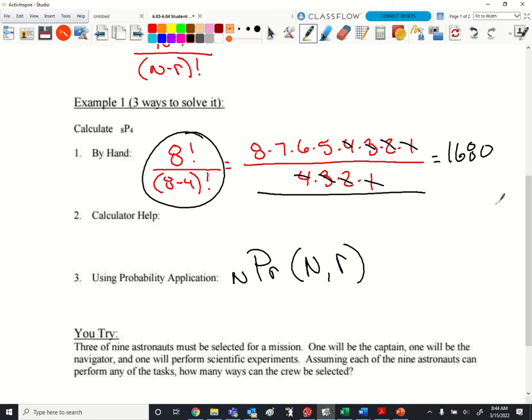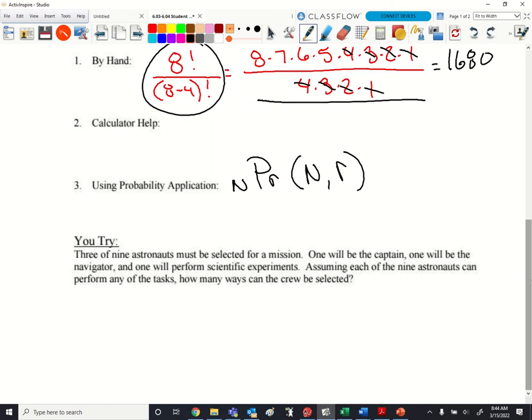All right. So now here is a you try. It says 3 of 9 astronauts must be selected for a mission. 1 will be captain, 1 will be navigator, and 1 will perform science experiments. Assuming each of the 9 astronauts can perform any of the tasks, how many ways can the crew be selected?